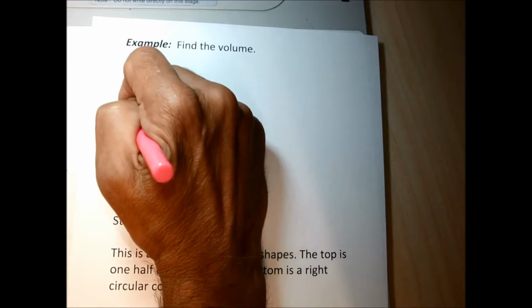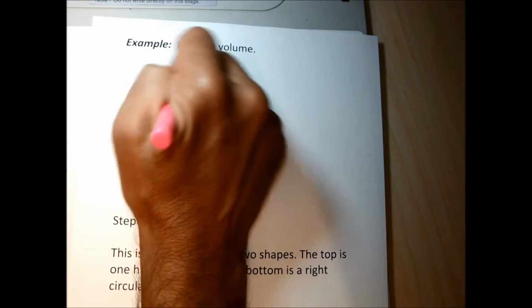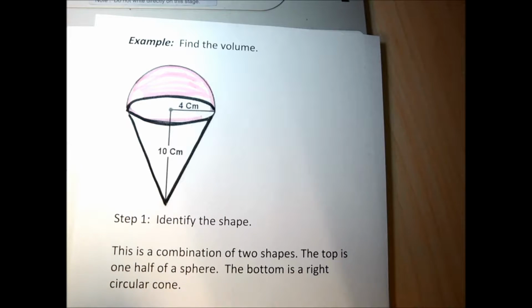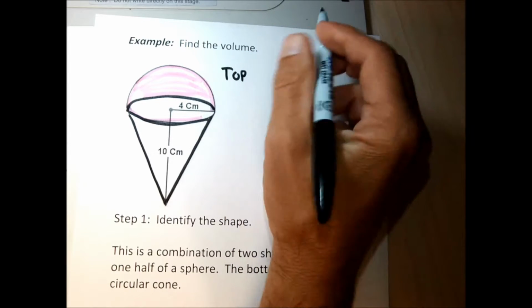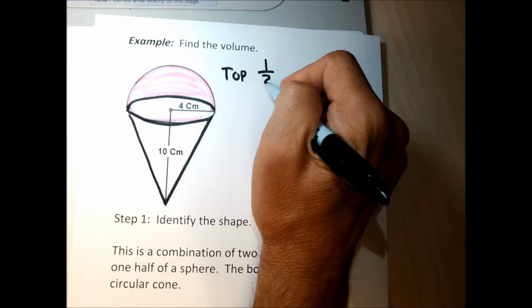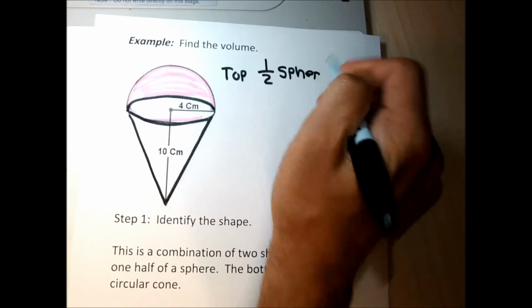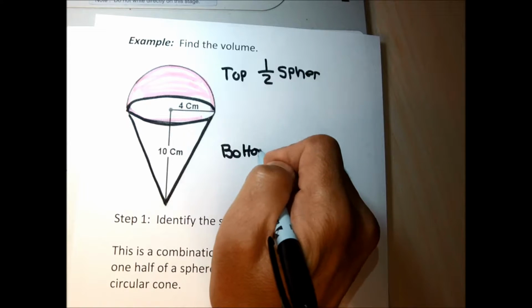it's like half a basketball. It's like a basketball cut in half, and that's going to be a half a sphere. And so I'm going to need two volume formulas. For the top, I get a half a sphere, and the bottom is an entire cone.